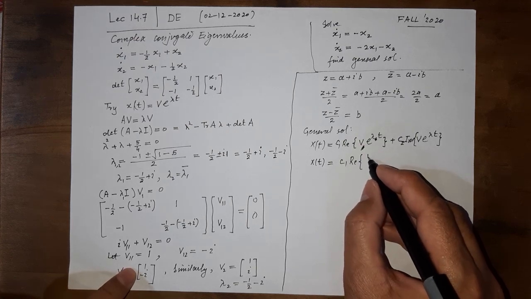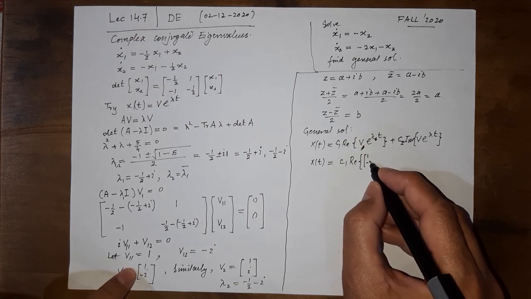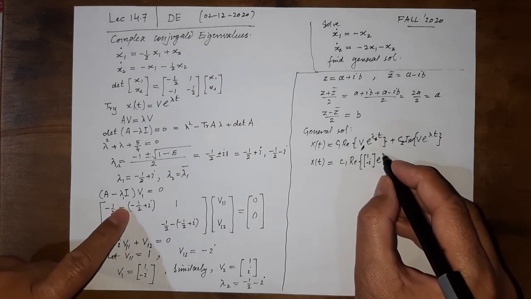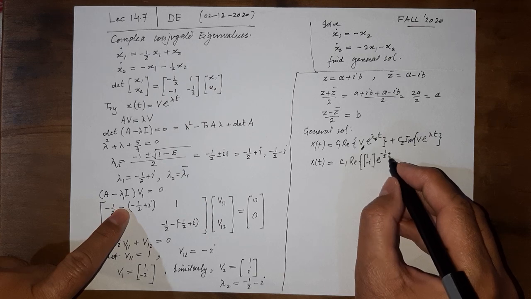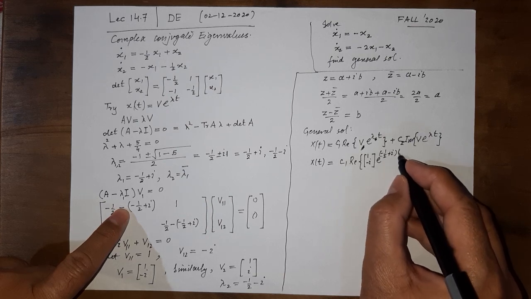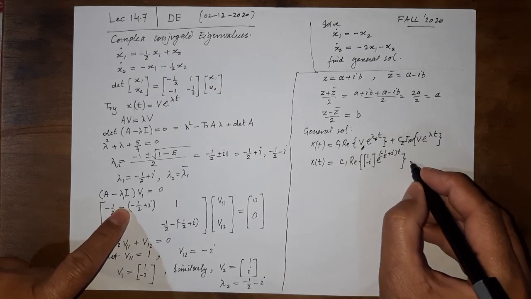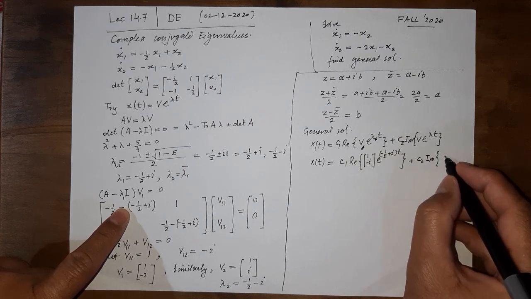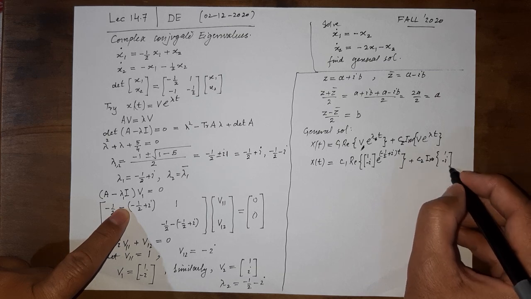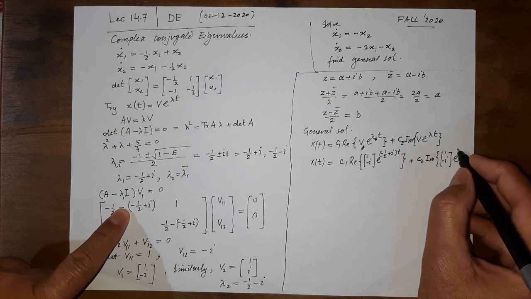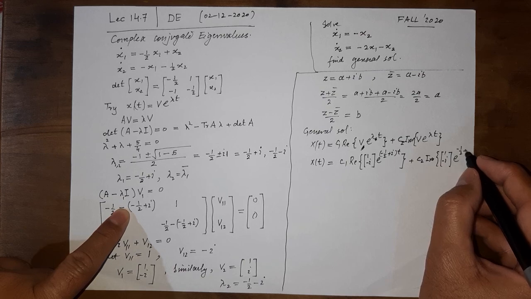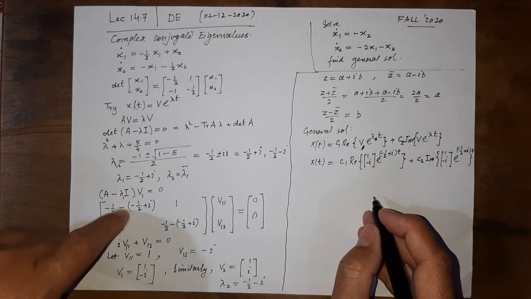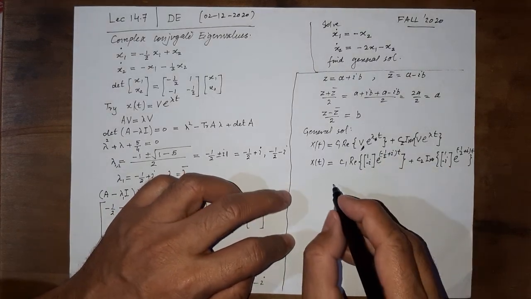So we take 1 minus iota, e raised to the power minus half plus iota t, plus c2 imaginary part of 1 minus iota e raised to the power minus half plus iota t. I have just put in the values.